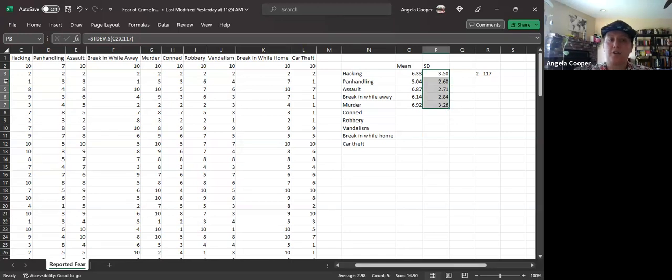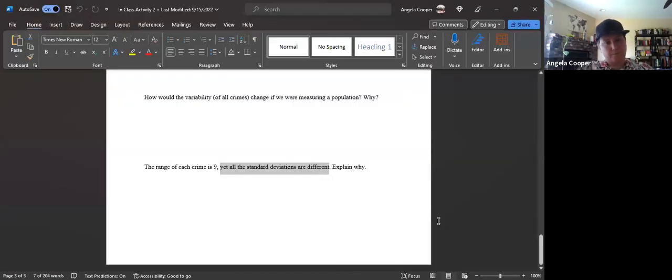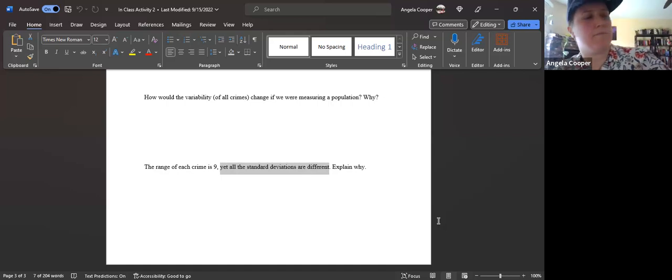Why is the range all the same, but standard deviation isn't? Why is this measure of variability all equal, but then this one has so much variability? How can we describe that? How can we explain it? What are some ideas we have?